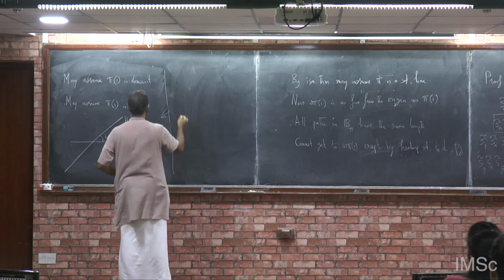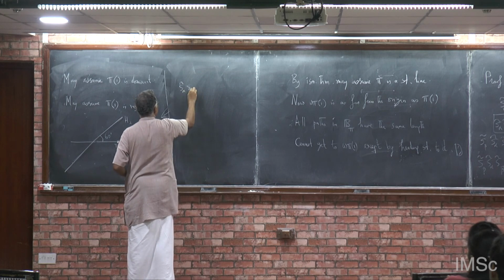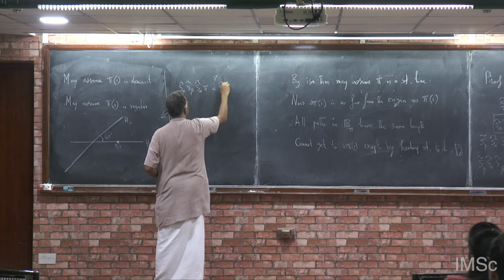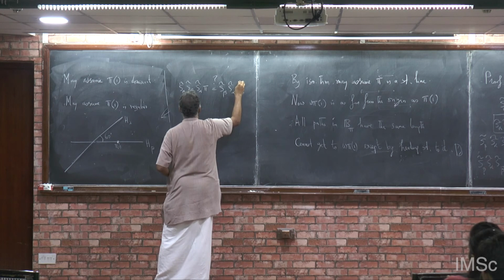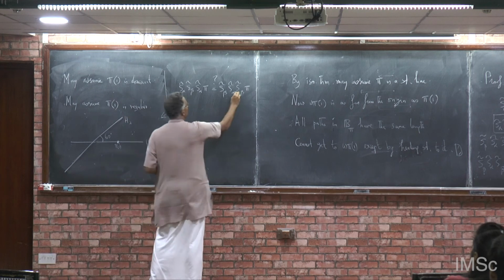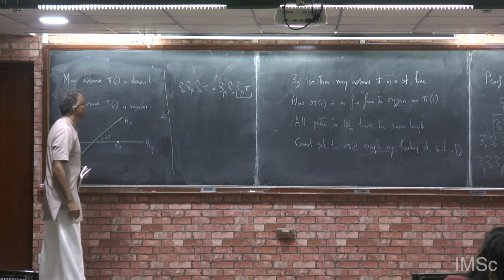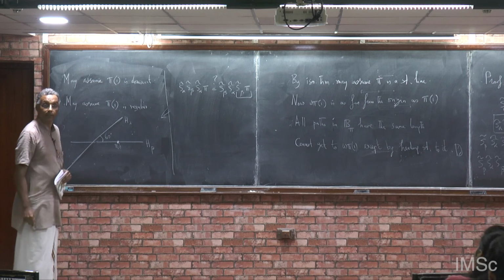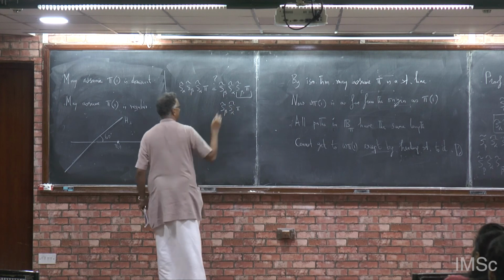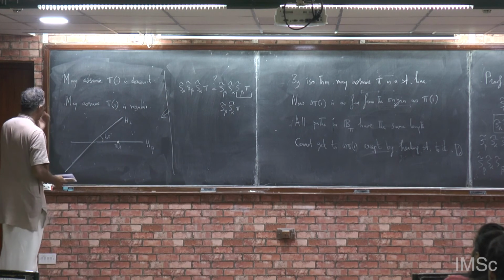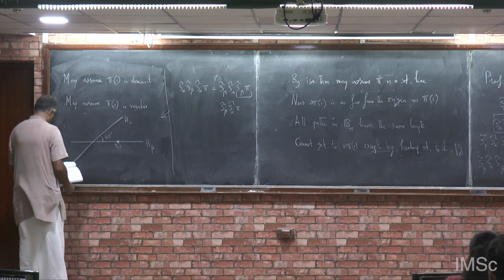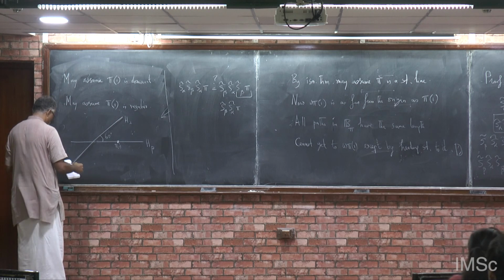So I want to check that S alpha tilde, S beta, S alpha tilde pi is equal to the other side. So this is what I'm checking. Same, right? So this is pi. Let me see how to say this.